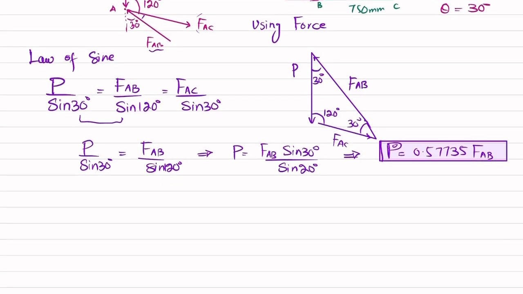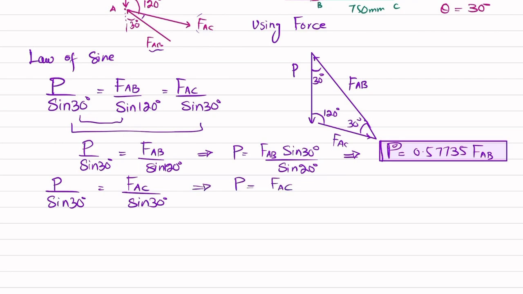Clear? Now if you equate the other two, P over sine of 30 will be equal to FAC over sine of 30 degree. From here you will get P equal to FAC into sine of 30 degree divided by sine of 30 degree, which gives P equal to FAC.